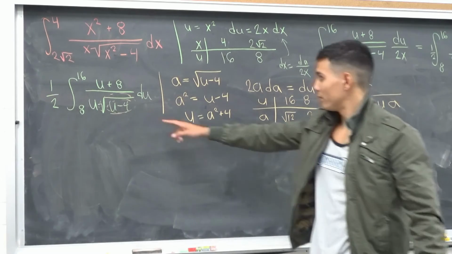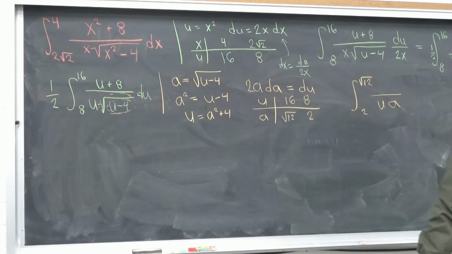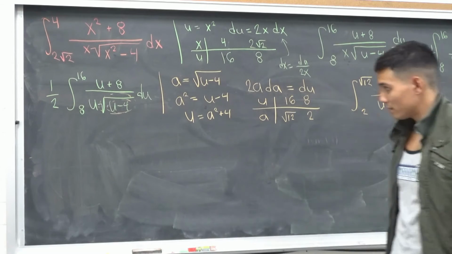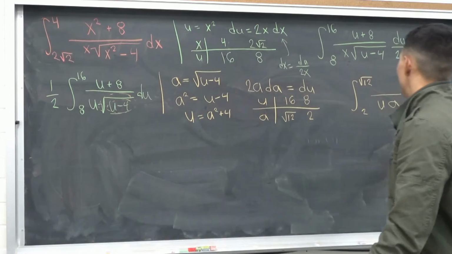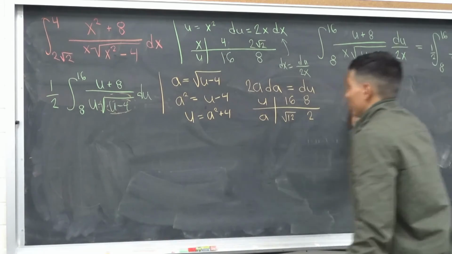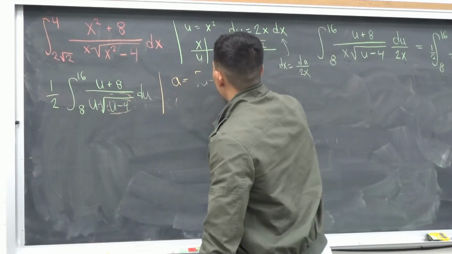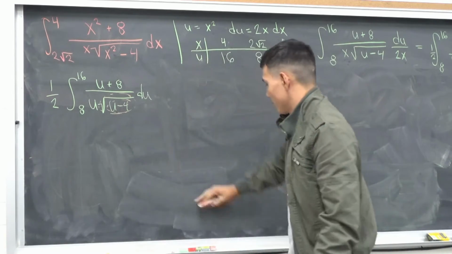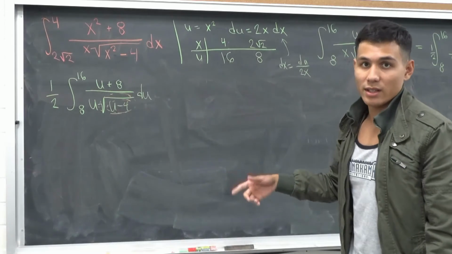Okay, so u plus 8. What can I do with that? Actually, nothing's wrong, but we could make it easier. We will do a substitution like that later, and nothing was wrong though.